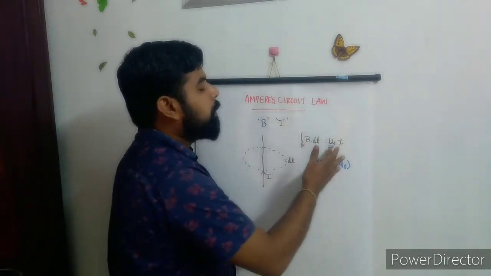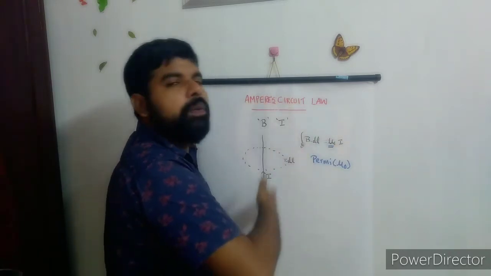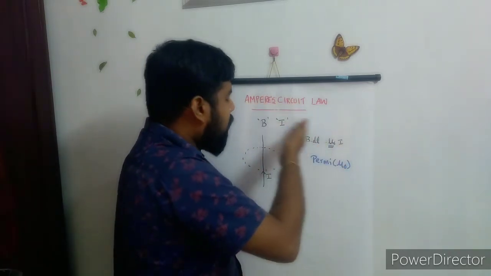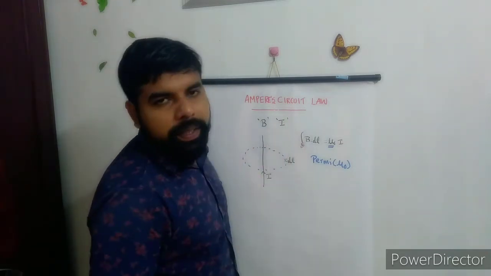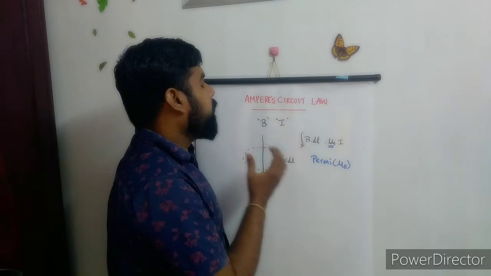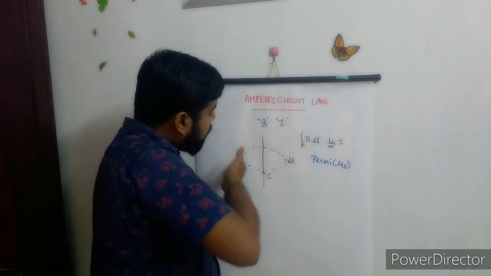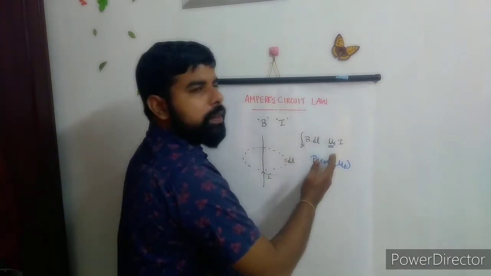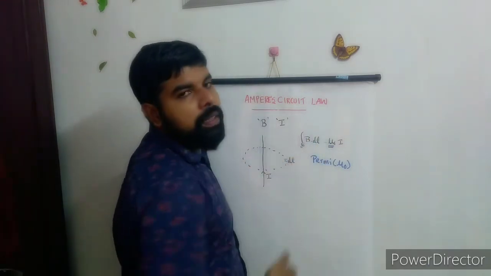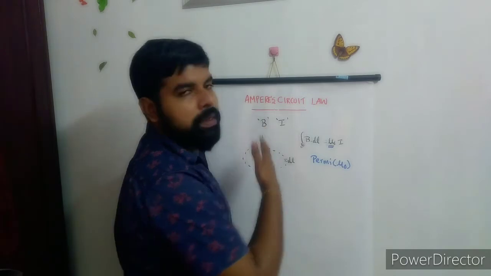So that is Ampere circuit law: the total magnetic field around any closed path or closed loop is equal to mu 0 times the current flowing through that loop.